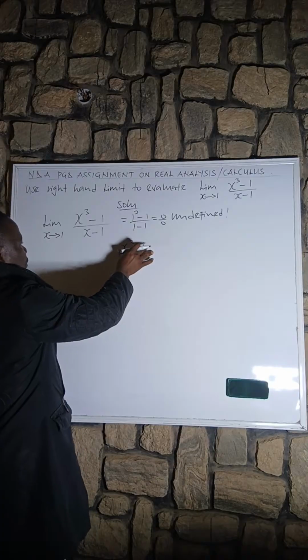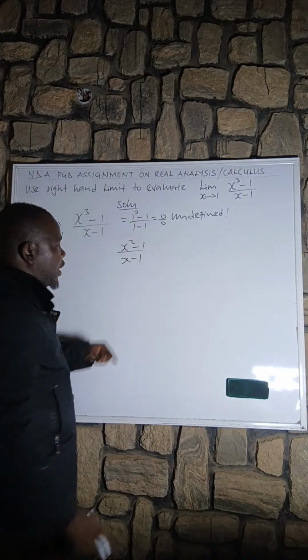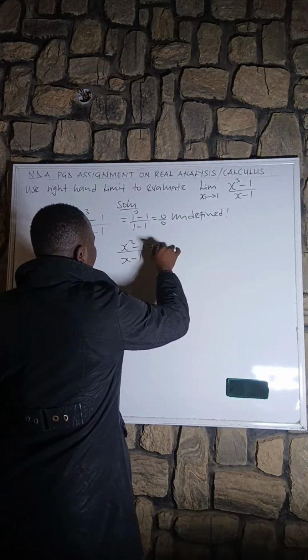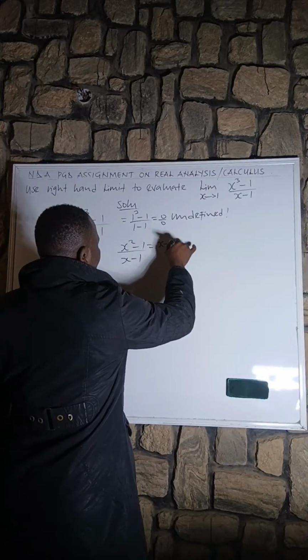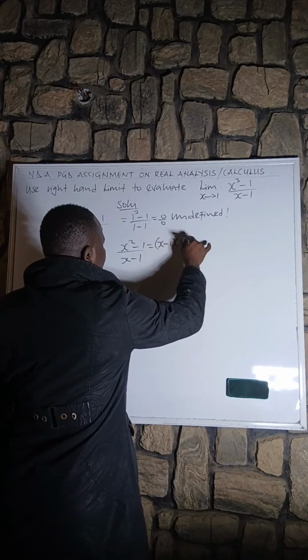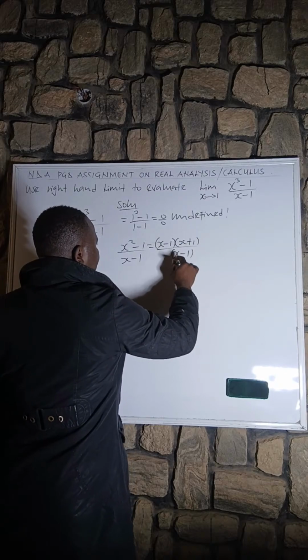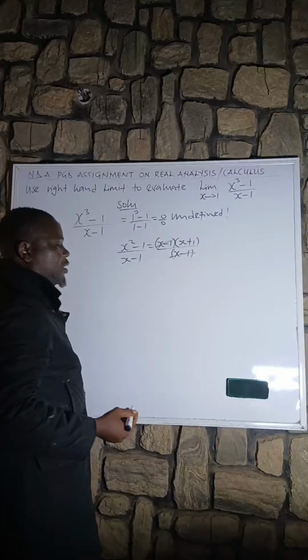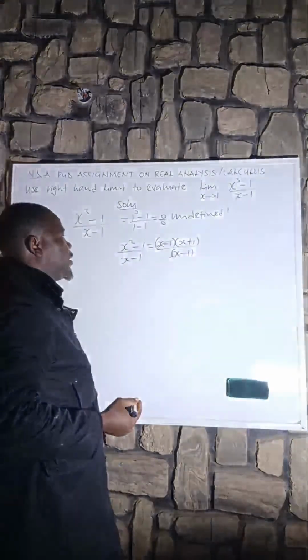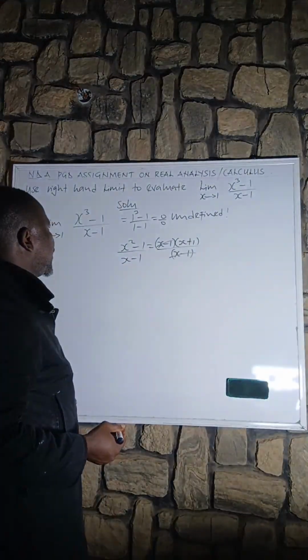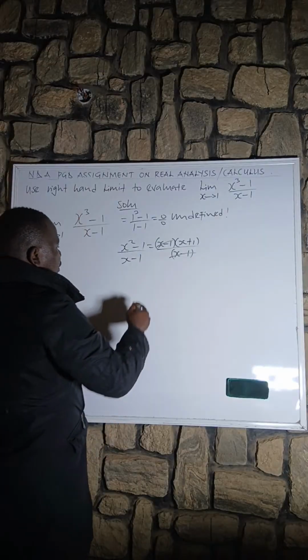We are going to consider what is called the difference of two squares. So this is the same as x minus 1 times x plus 1 all over x minus 1. This and this will cancel, isn't it? It is, right?